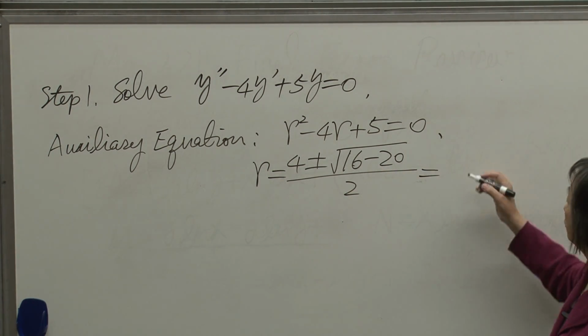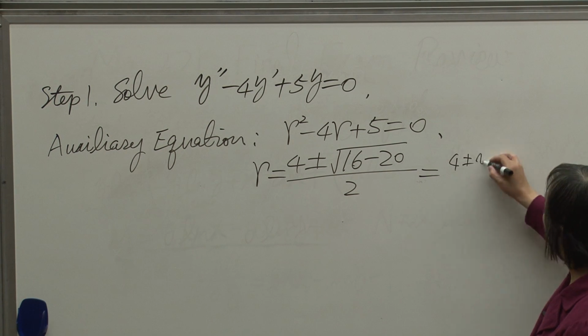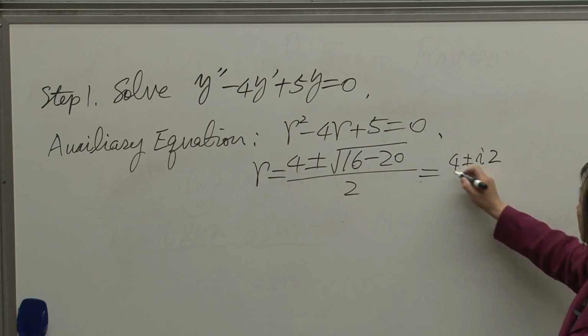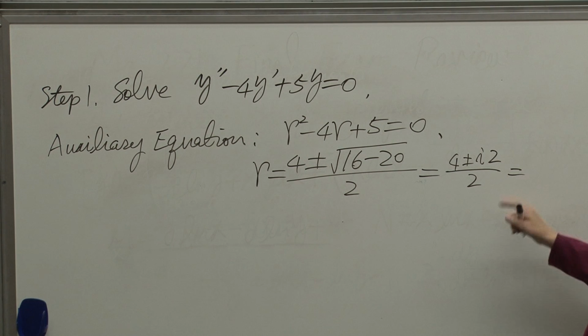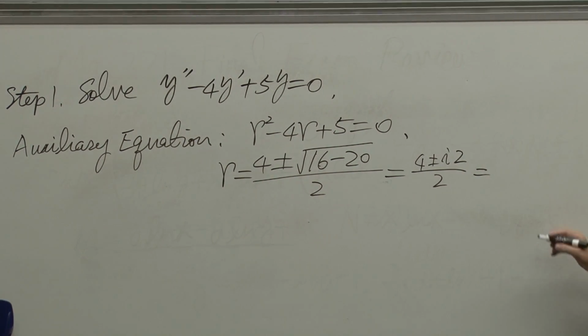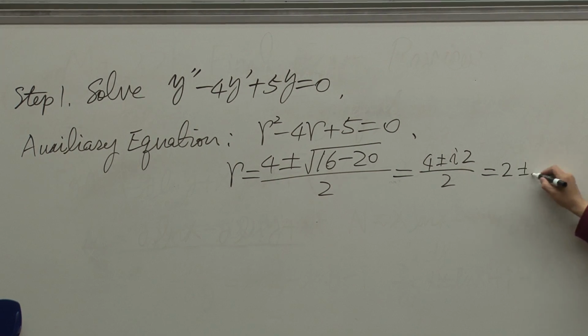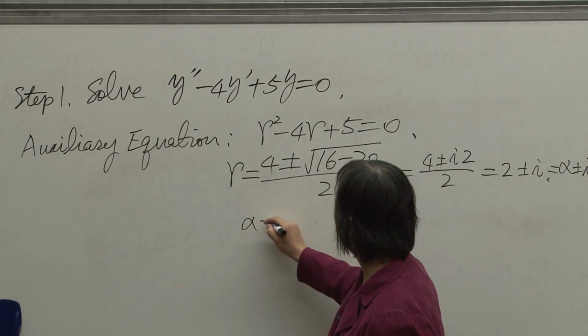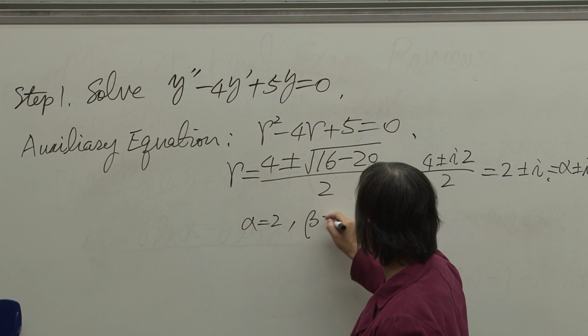The square root of negative 4 is i times 2. So we divide each term in the numerator by the denominator 2, and we get 2 plus or minus i. In the general form alpha plus or minus i beta, alpha equals 2, beta equals 1.